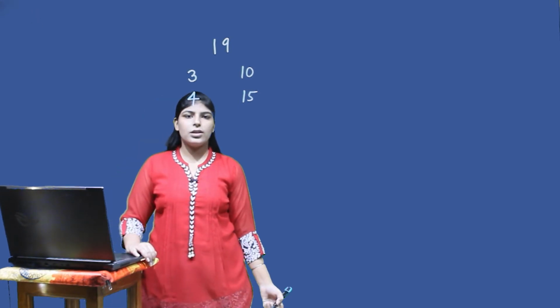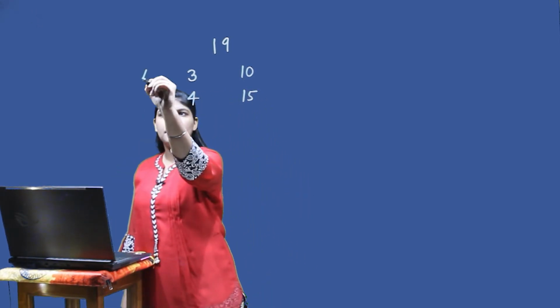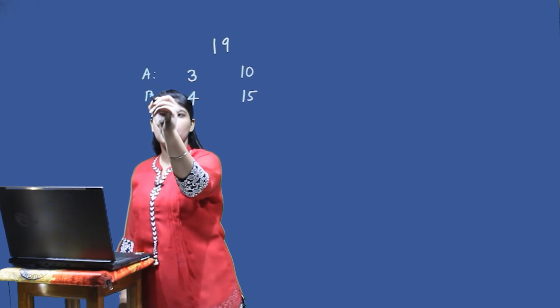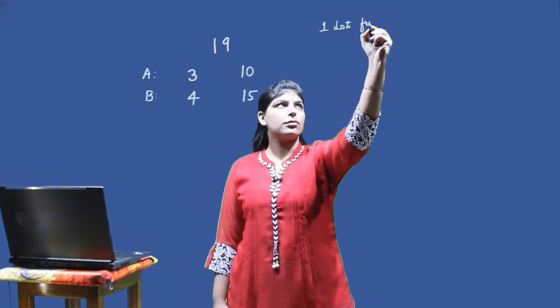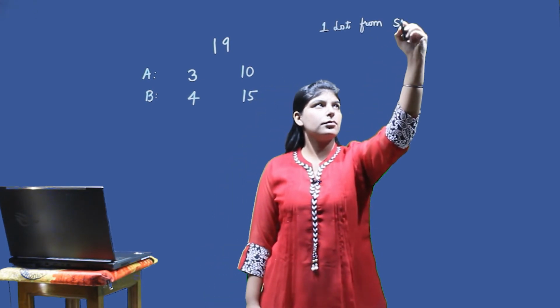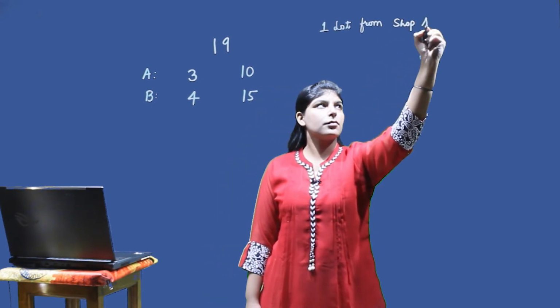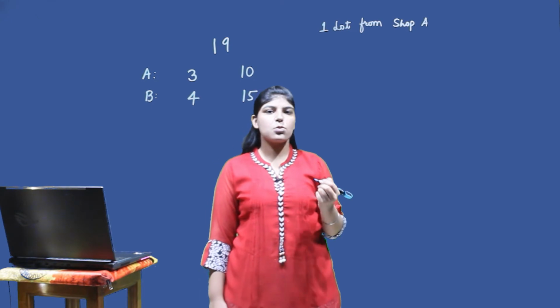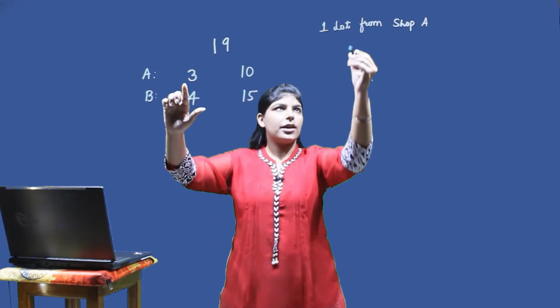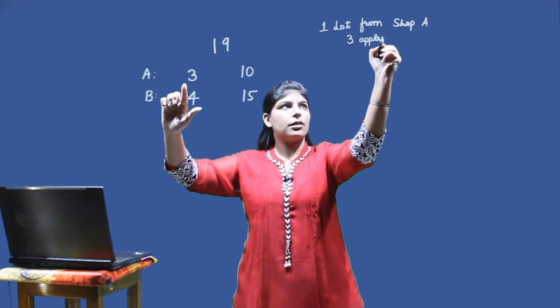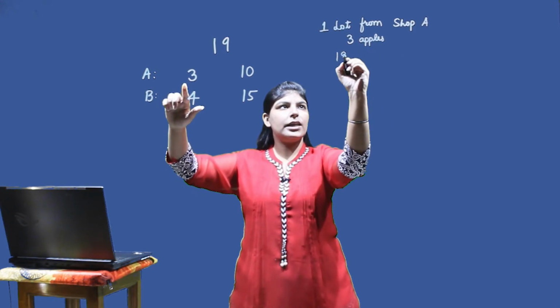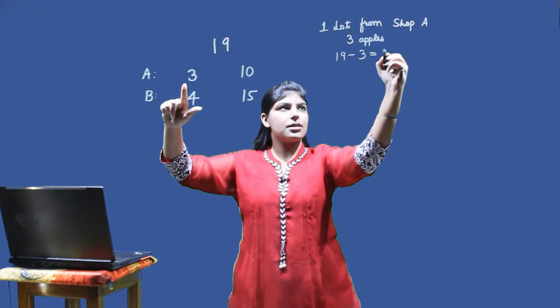Let us take all the cases. This is for shop A and this is for shop B. Let us say Kazama buys one lot from shop A. Now if Kazama buys one lot from shop A, he'll have 3 apples and the remaining apples are 19 minus 3, 16 apples.